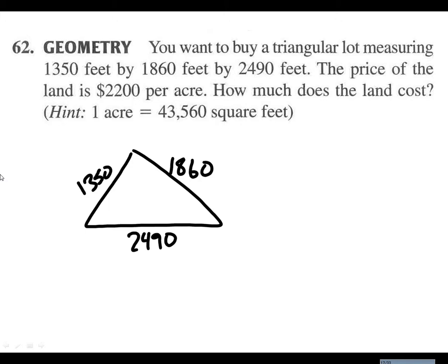Remember, an acre is, well, not remember, I don't know why you would know this, but they're telling us an acre is 43,560 square feet. So let's find the area first of all. Semi-perimeter first. I'm going to add these up and divide by 2. I get 2850.